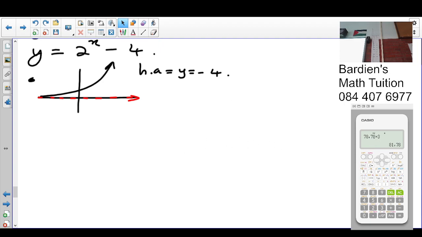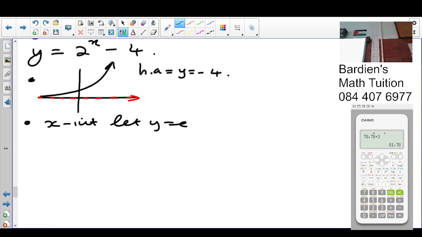So that's the shape. What's the second thing we do, people? X-intercept. What do you do for x-intercept? Let y equal to 0. So we say 0 is equal to 2 to the x minus 4. So what is this to us now? The base is the same, yes, so for the exponents to be equal, you take the 4 over the equal sign.